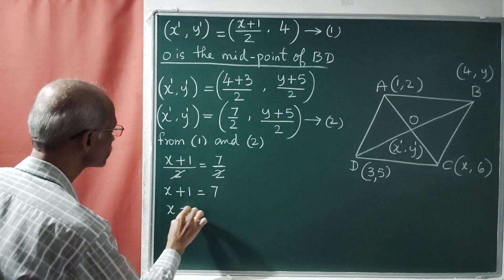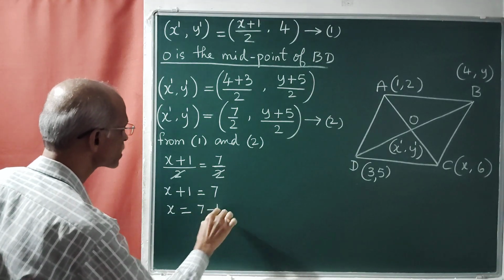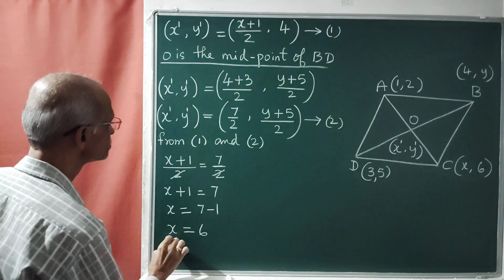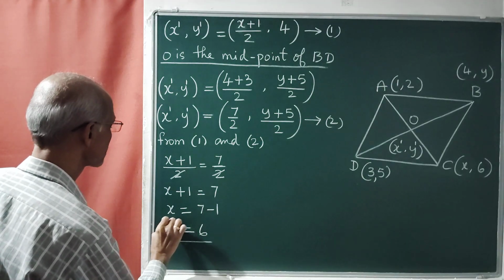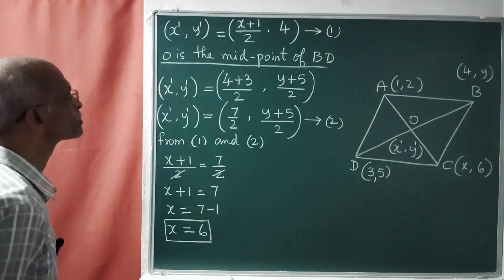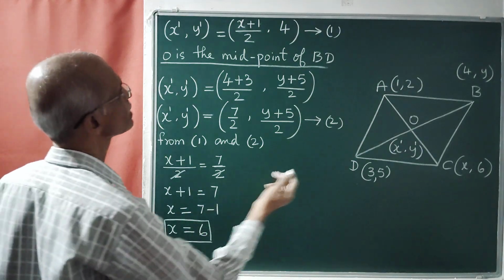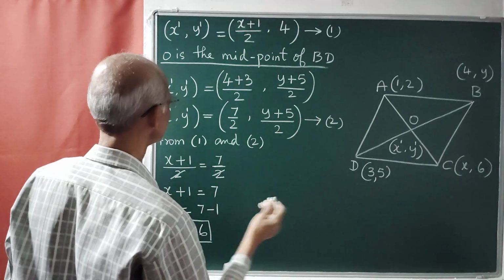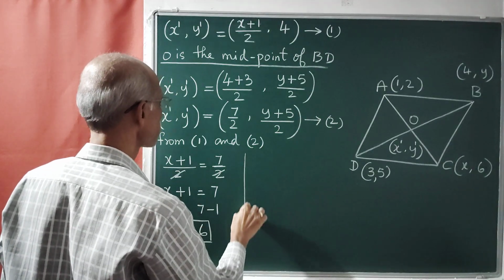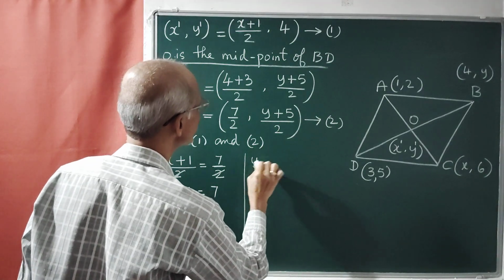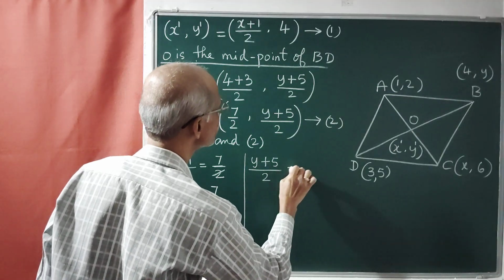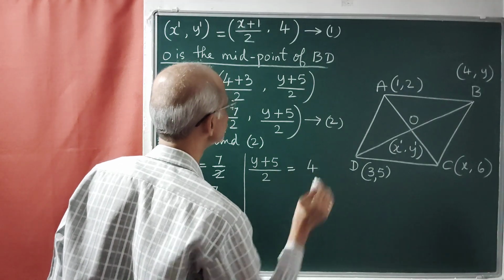So x will be equal to 7 minus 1. So x will be equal to 6. Now we will compare. So (y plus 5) by 2 is equal to 4.